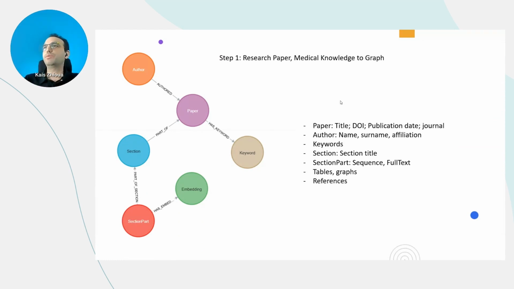to knowledge graphs, we could actually build knowledge graphs and include inside of them a lot of interesting metadata connected to these research papers, such as the titles, the DOIs, the different authors, and the keywords that are used.